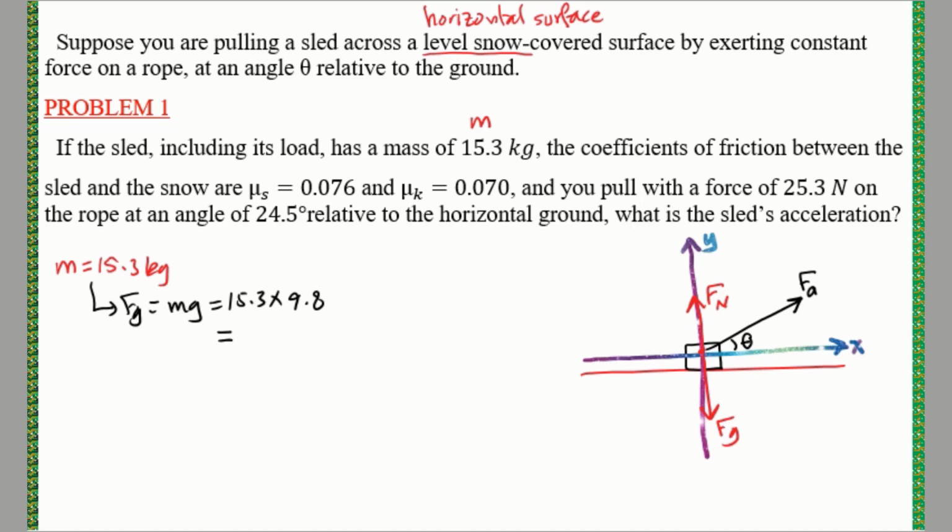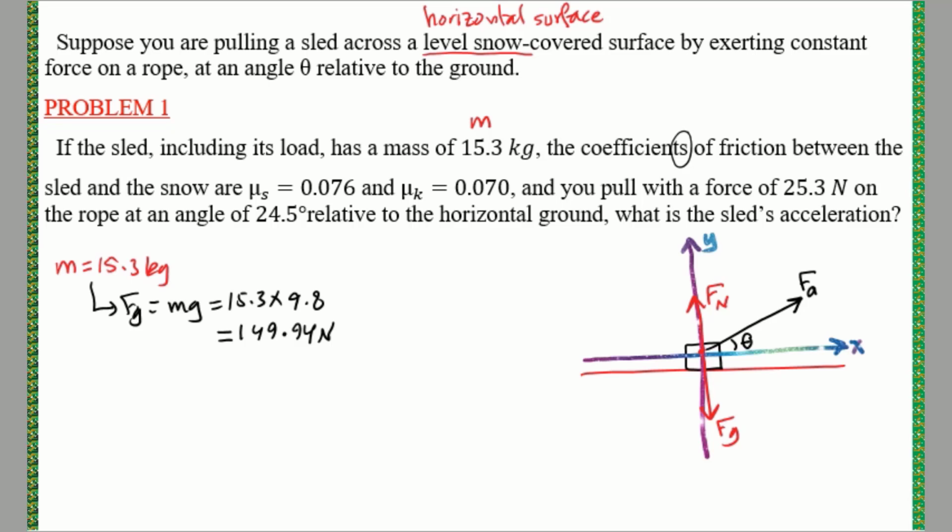Then the answer for the weight is 15.3 multiplied by 9.8. It is almost 149.94 newtons. The coefficients of friction, so we have μs and μk, between the sled and the snow.